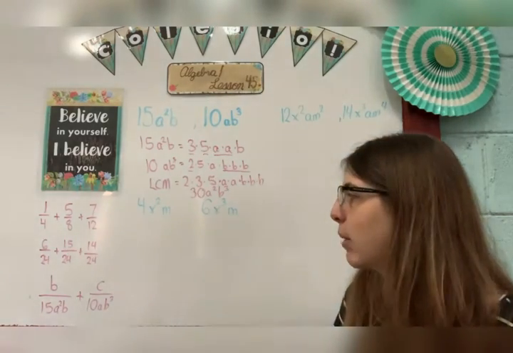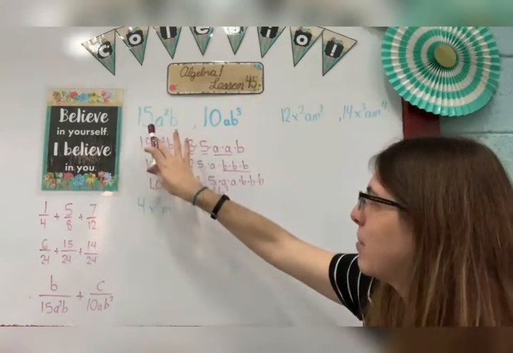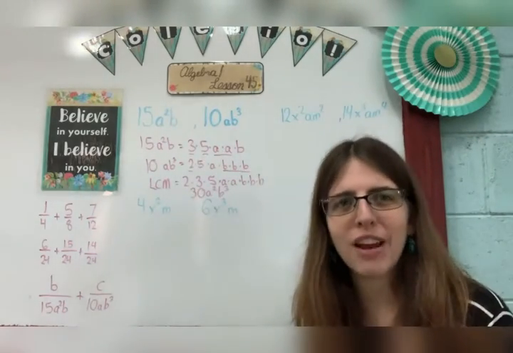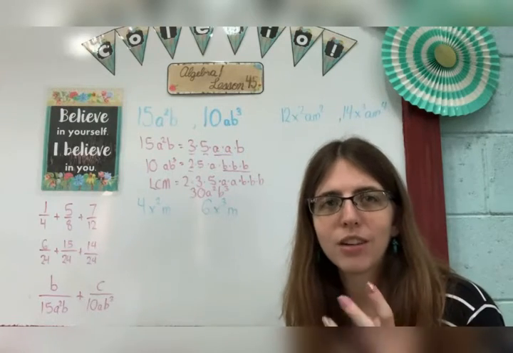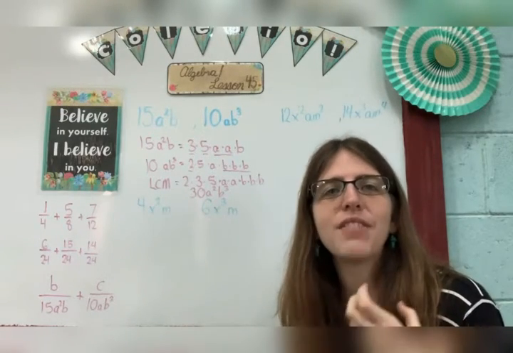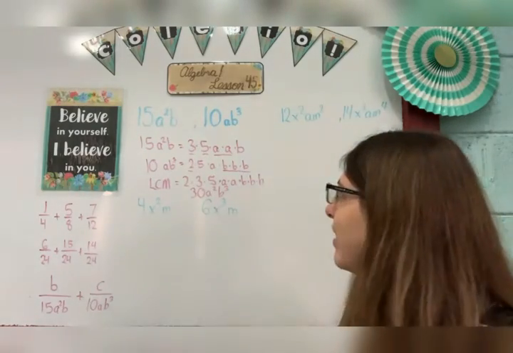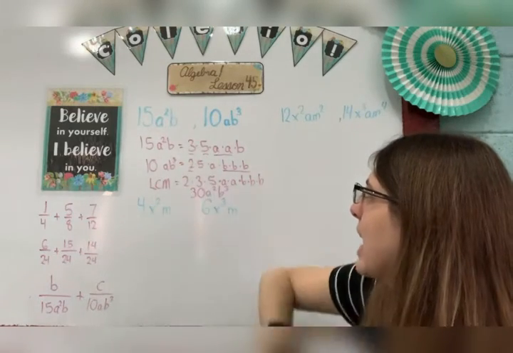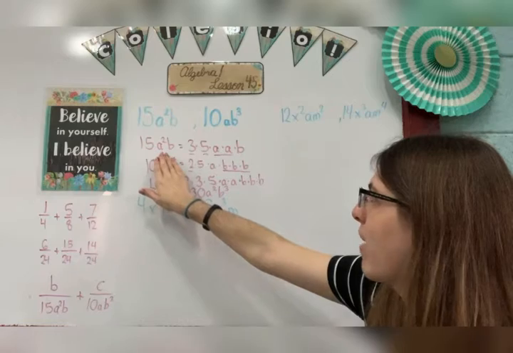So the first building block is how we find the least common multiple for our terms, for our variables. Because we treat the variables just as if they were numbers, because they represent a number. So to find the least common multiple for 15a squared b and 10ab cubed, we first write them out as products of their prime factors.